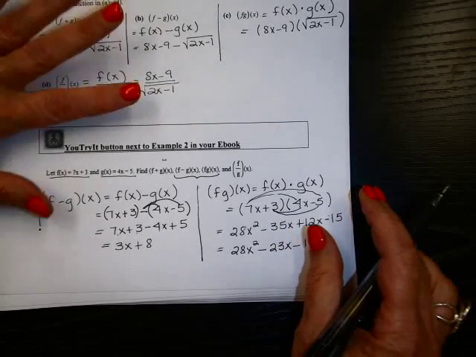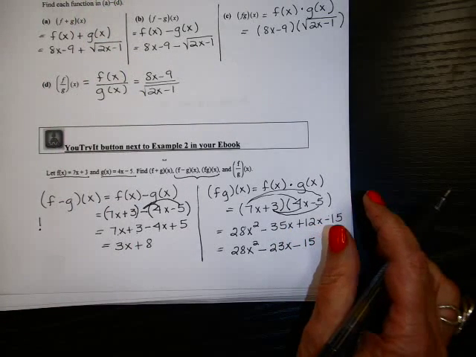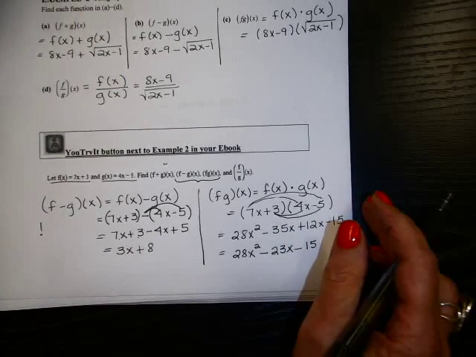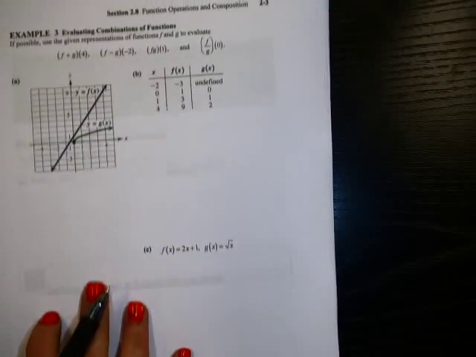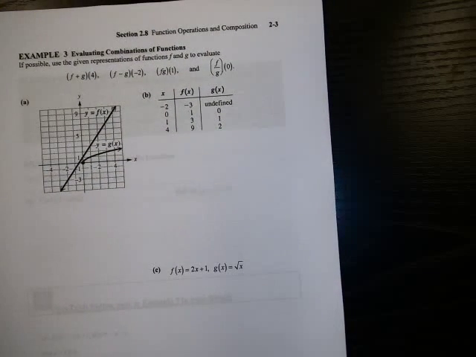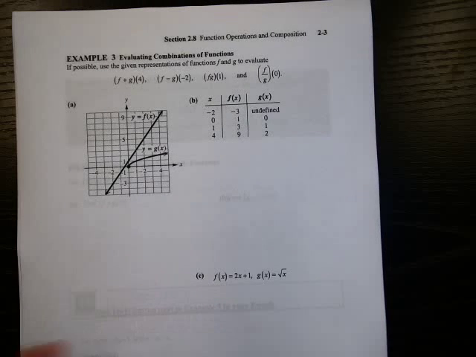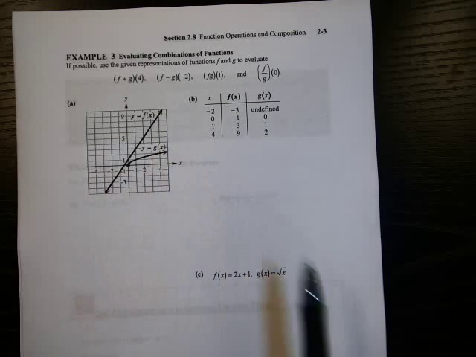We're going to do one more example that deals with the operations. So let's look at that. Example 3. Evaluate the following, but this time I've given you a picture graph.